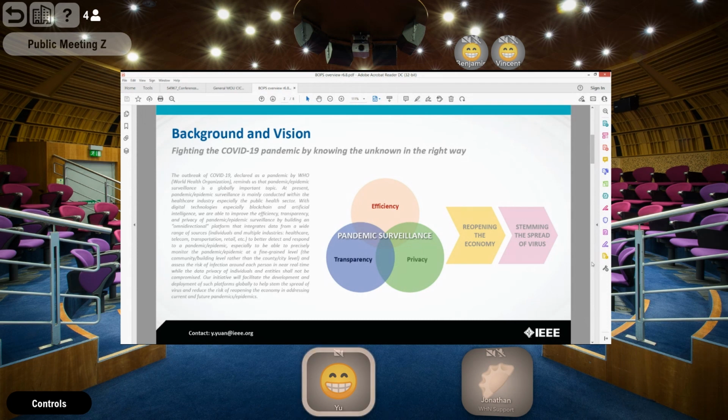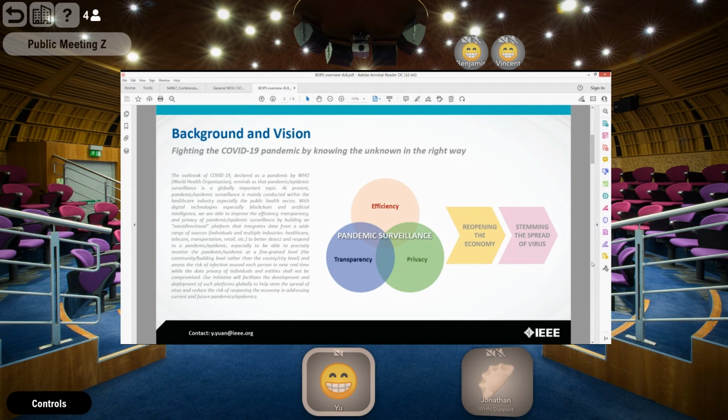Our initiative will facilitate the development and deployment of such platforms globally, so that we can help not only stem the spread of the virus, but also reduce the risk of reopening the economy in addressing current pandemics or epidemics. Currently, some countries have already reopened almost to the full scale, but there are still some countries using policies to stem the spread of the virus as much as possible.